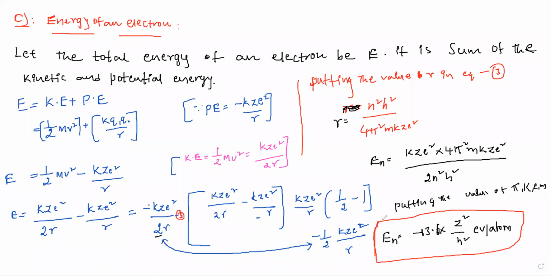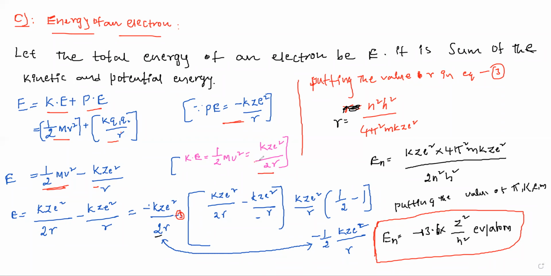Now the total energy of an electron is the sum of the kinetic energy and potential energy. Instead of this potential energy we can also take minus K Z e square by R. Half mv square minus potential energy. One more kinetic energy they have taken, instead of half mv square, K Z e square by 2R.